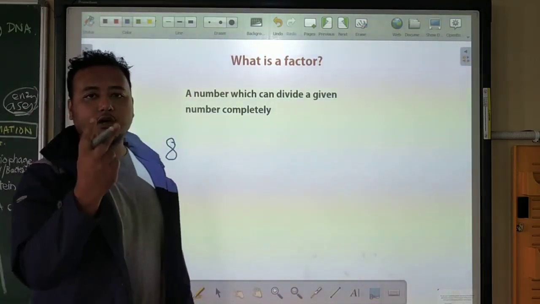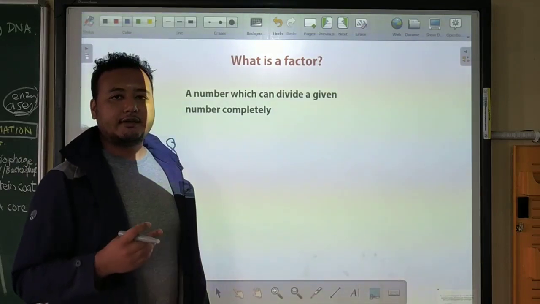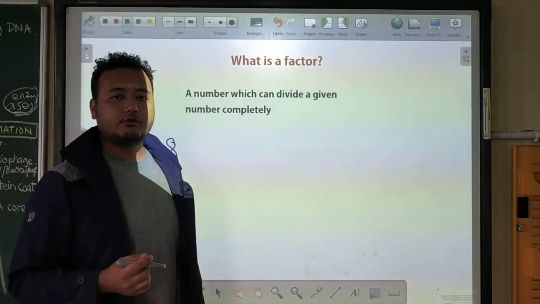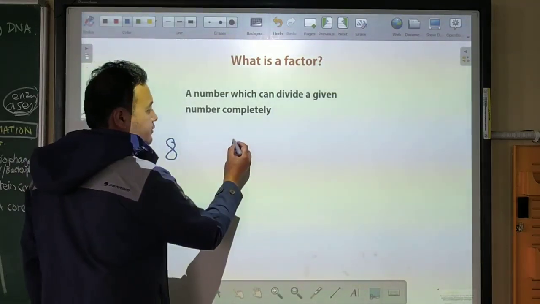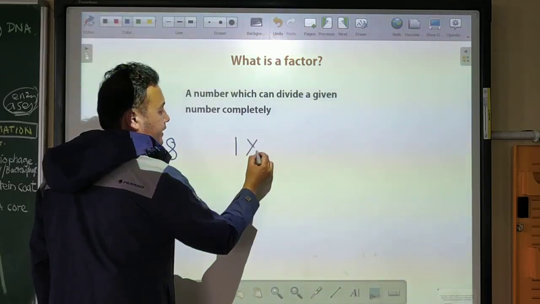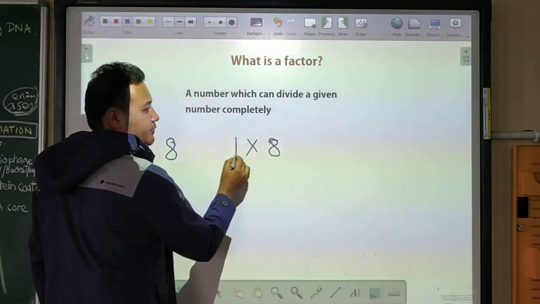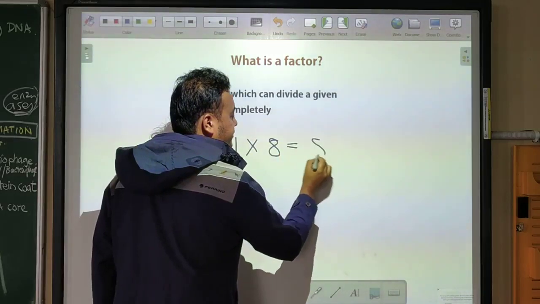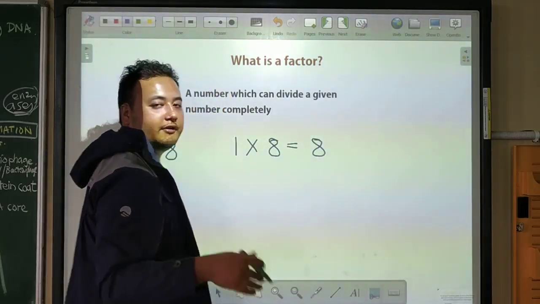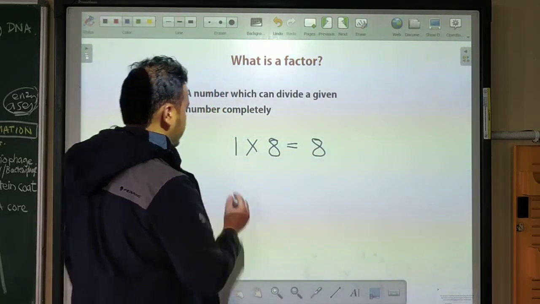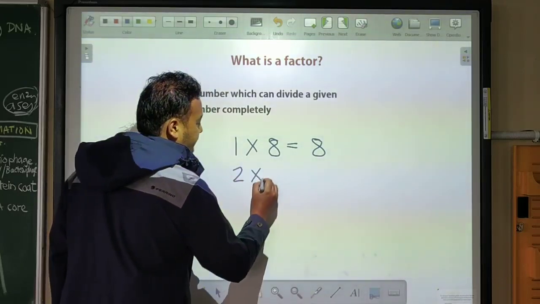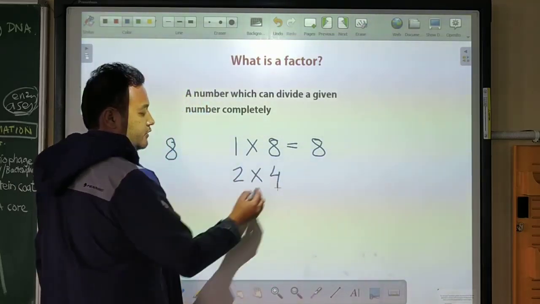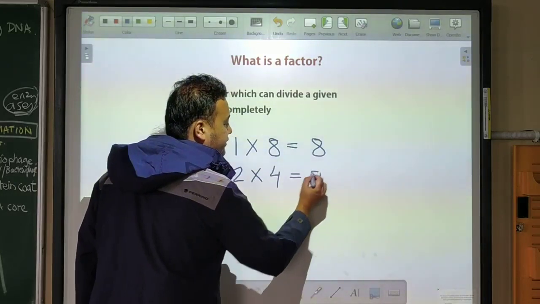Now think of two numbers which you can multiply and the answer will be 8. So the first is 1 and 8. These two numbers when you multiply, what do you get? You get 8. Can you think of any other pair? Yes, 2 and 4. If you multiply, you also get 8.